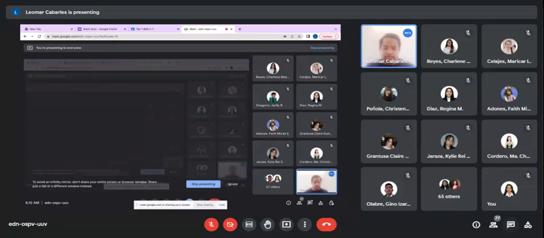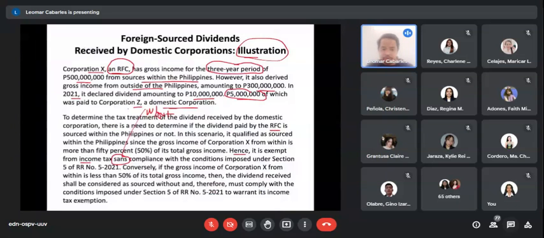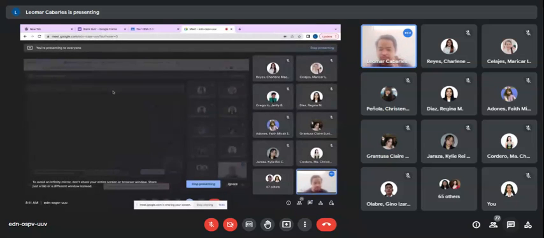Okay? So notice, conversely, no? Or the opposite, kung yung gross income ni Corporation X ay less than 50%, 100 million will make it 200 million lang, di ba? Out of 800 million. So that's less than 50%.